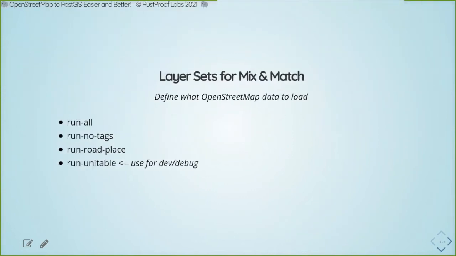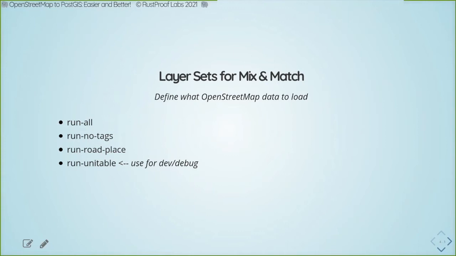There are currently 4 layer sets defined in the Flex project. There's run-all, and that runs pretty much everything. There's a couple things it doesn't include, but it runs everything that I find to be useful. Run-no-tags is basically the same as run-all, but it leaves out the tags table. And so by doing that, you skip the JSONB entirely.